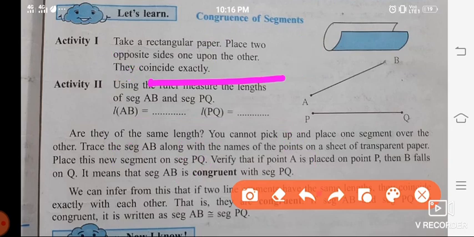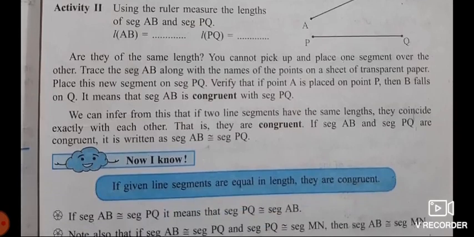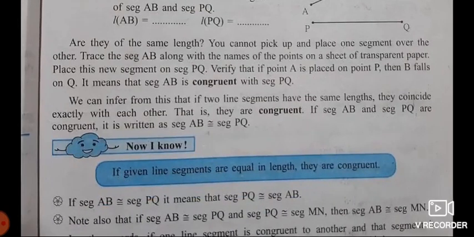If you measure both of them with this ruler, you will also get their lengths equal. So we can say that seg AB is congruent with seg PQ. They have also given us one symbol to show that two segments are congruent.